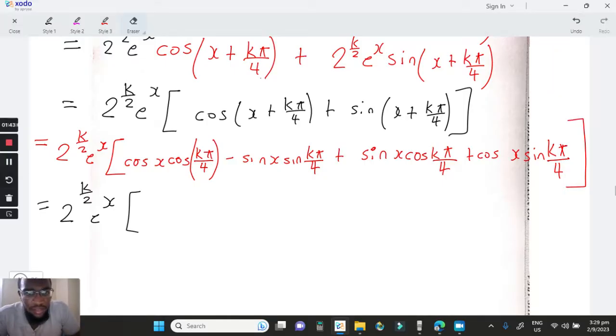It's a good question why it's not so evident. As we can see, this e to the x right here, wham bam, that's out. We now need to get 2 to the k plus 1 e to the x sine of all of that.